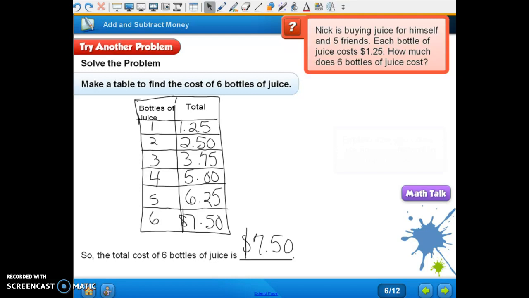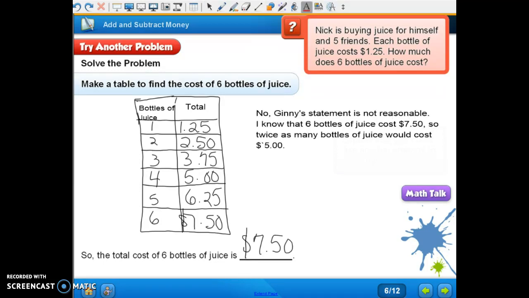We're estimating, but we're doubling how many bottles we're buying. So if we doubled our $7.50, would that be close to $25? No. What would it be? $15. Okay, so let's write this down in math words.